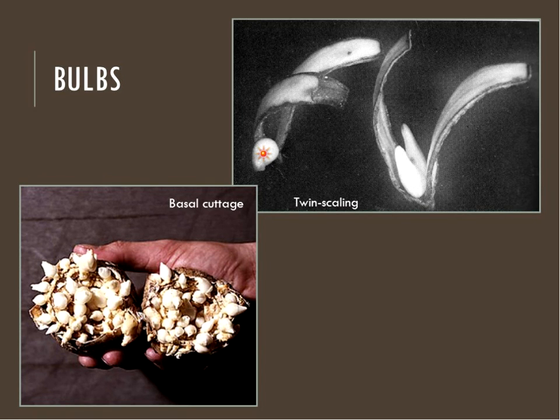Somewhat similar is what's shown in the picture on the bottom left here, basal cuttage. In basal cuttage techniques, basically what you're doing is either cutting or completely removing that basal plate. Again, that thickened area at the bottom of your bulb. So in this picture, what they've done is completely removed it.